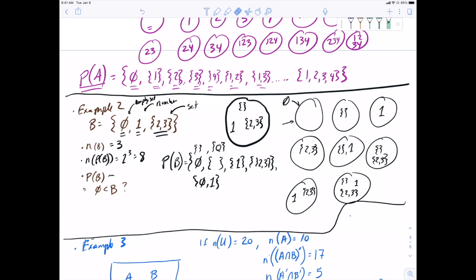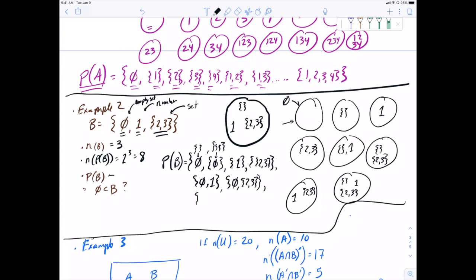Okay, this could be written like this too. Here, let's do it like this. These are the same thing. Okay, now we got the set that contains the empty set and the set 2, 3.